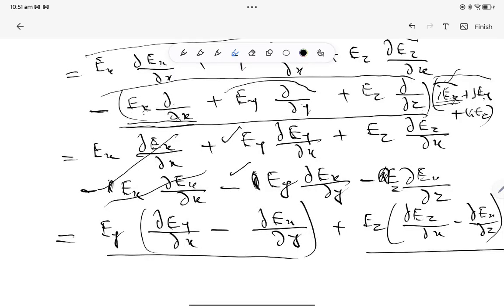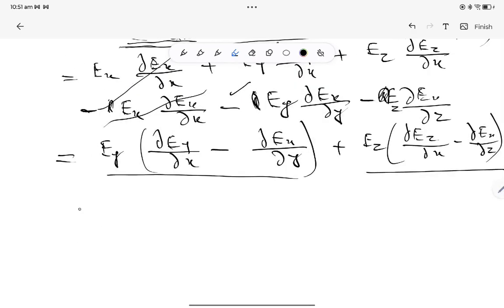So what you have done is proved that the x component of the right hand side is equal to the x component of the left hand side. So x components are equal. In the same manner, you can show that their y components are equal, the z components are equal. That means the two sides are equal.